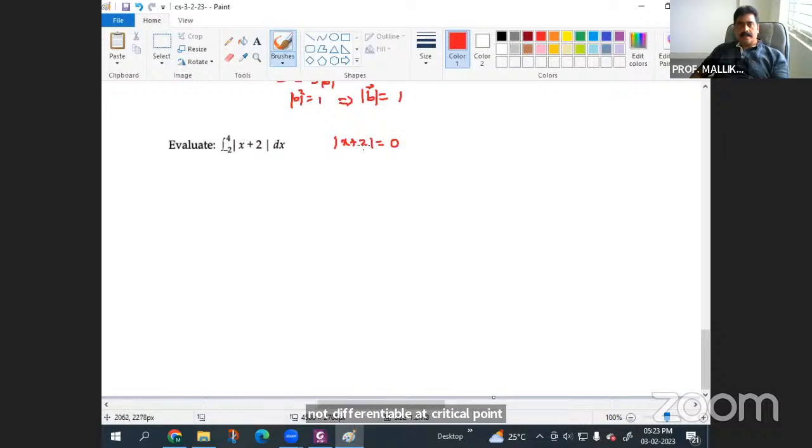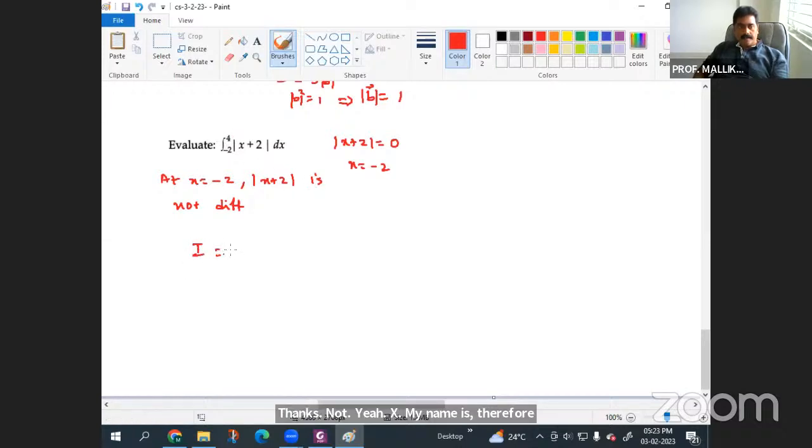What is the critical point? When it is 0, no? x equal to minus 2. This is called the critical point. At x equal to minus 2, mod of x plus 2 is not differentiable. Right? We have to break the interval at minus 2.